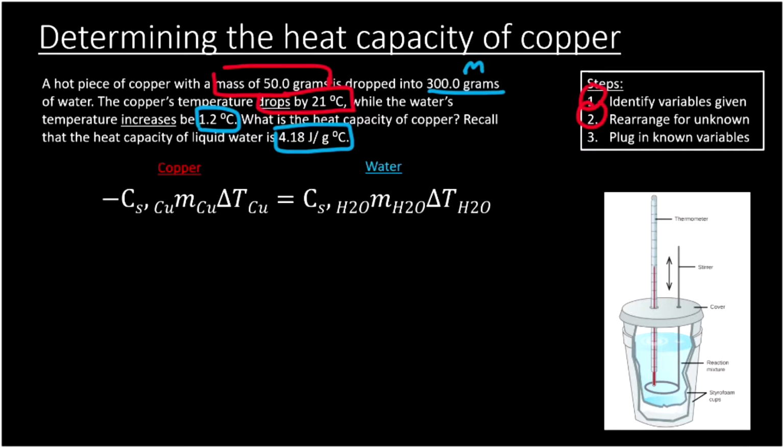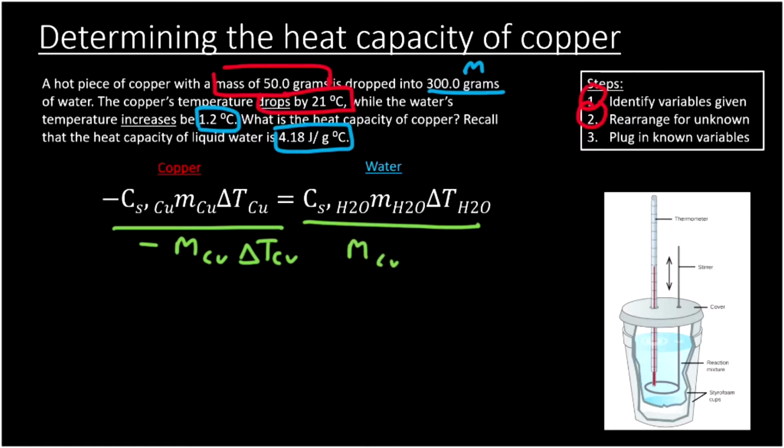So the way I get all of these other variables over is I divide by them. So I'm going to divide by negative mass of copper times delta T of copper. So I divide both sides by mass and change in temperature. Okay, that means that the negative sign up there is going to cancel out, my mass will go away, and my change in temperature will go away.